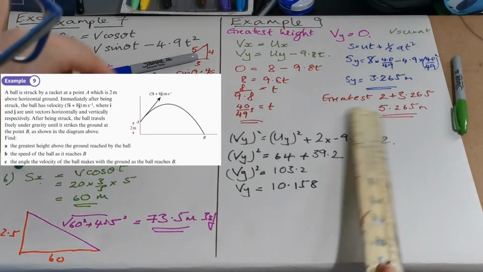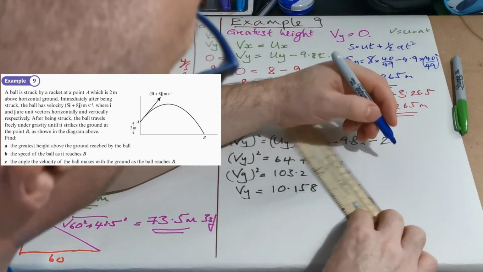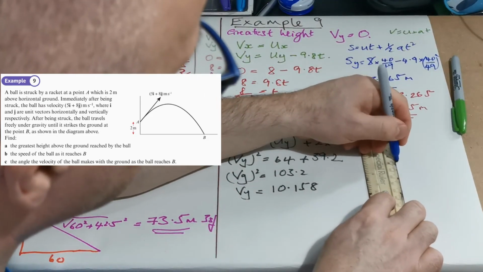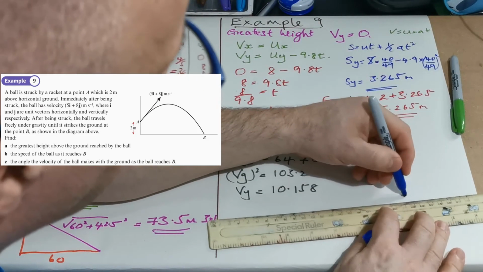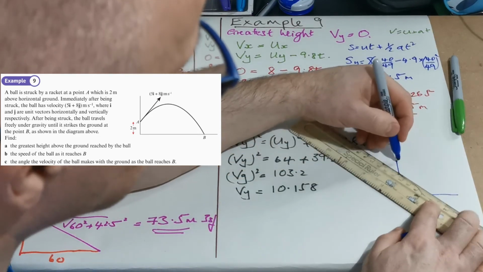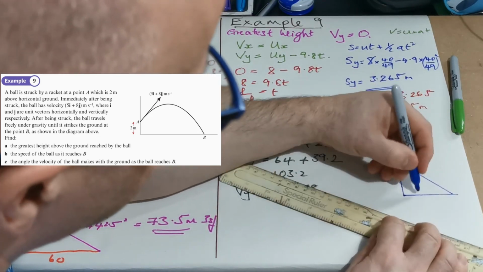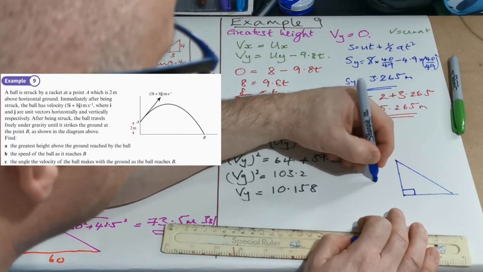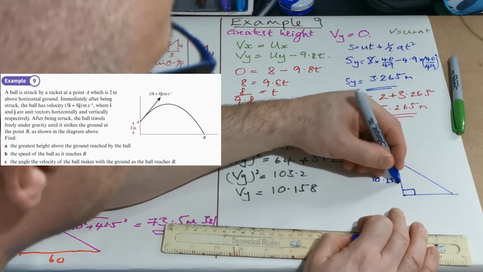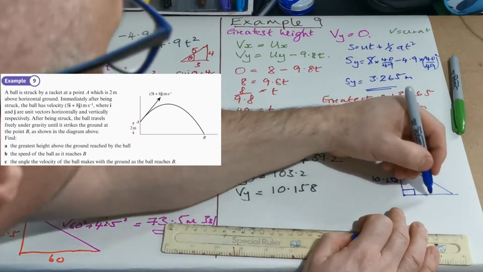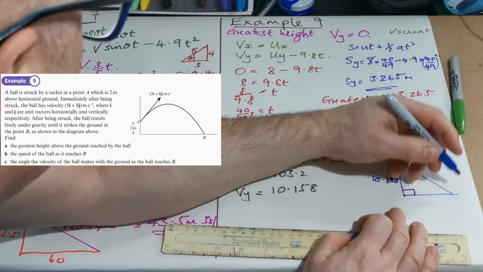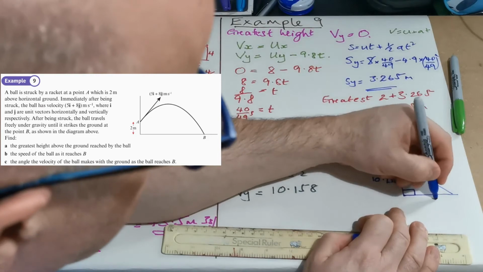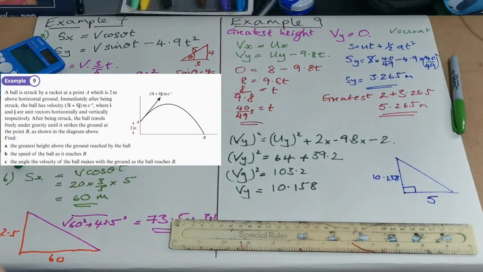So if we were to think about what we now know, if I was to draw a triangle looking at the velocities, you can see that this velocity is 10.158 and this velocity is what it was at the beginning, so that is 5, because it was 5i plus 8j.